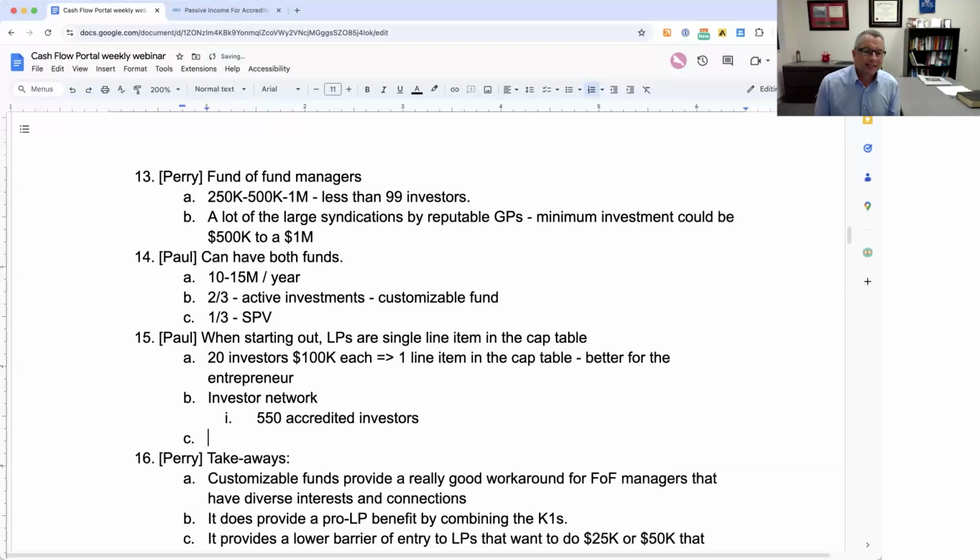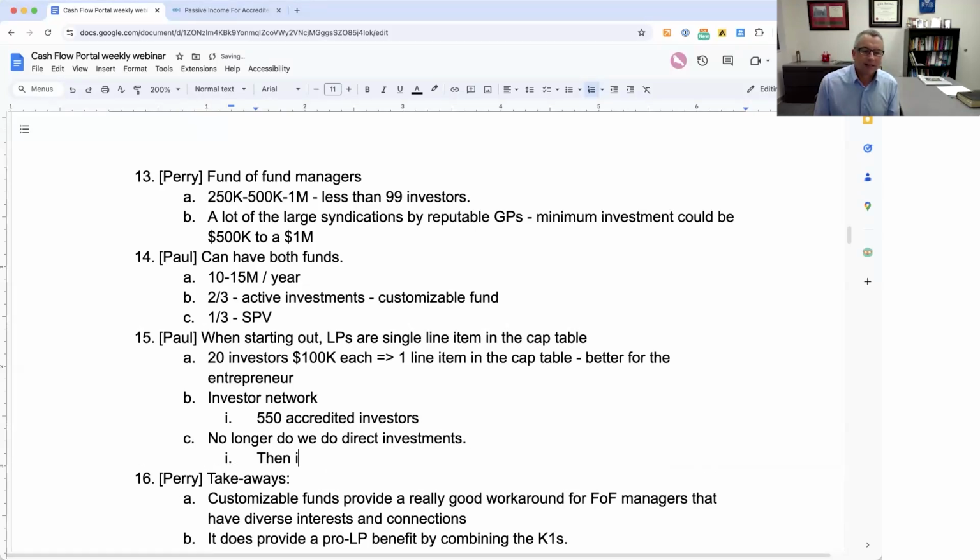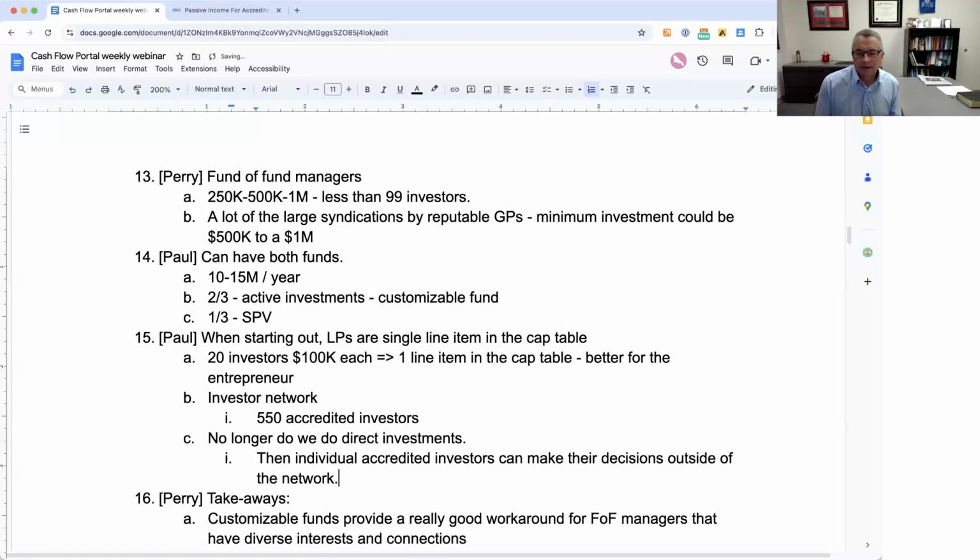If we decide as a network that we don't want to invest in a deal, we cancel it. Then the individual accredited investors can make their own investment decisions outside of our network. We don't have that restriction.